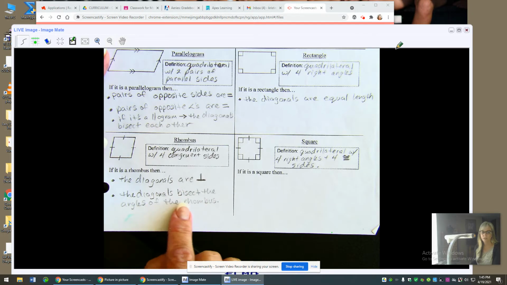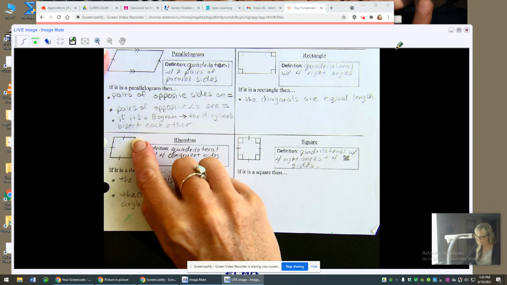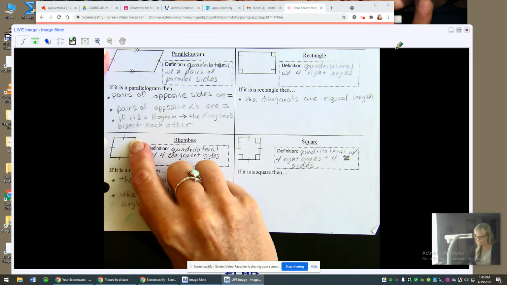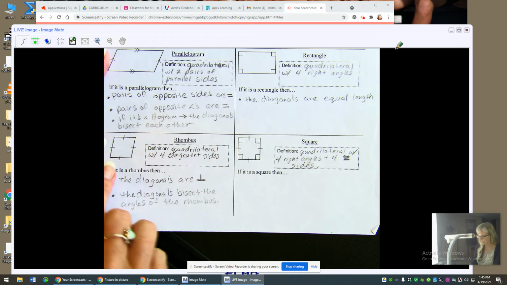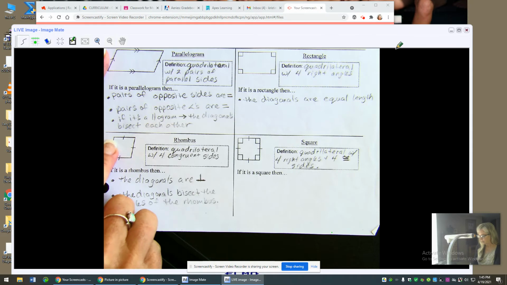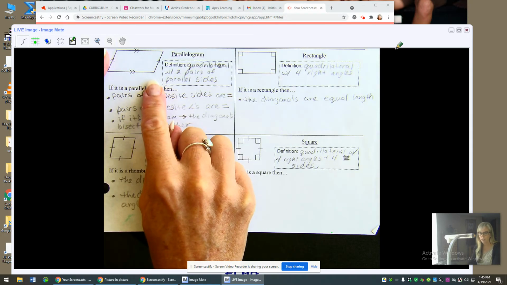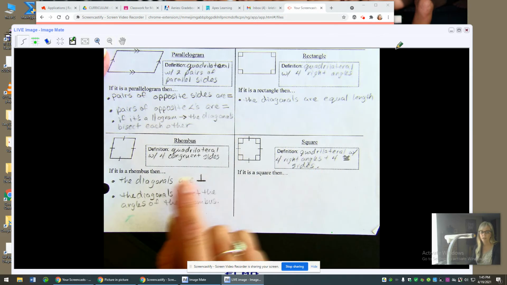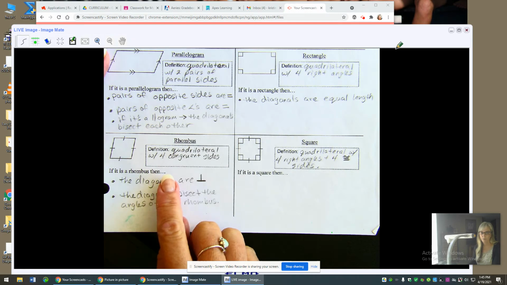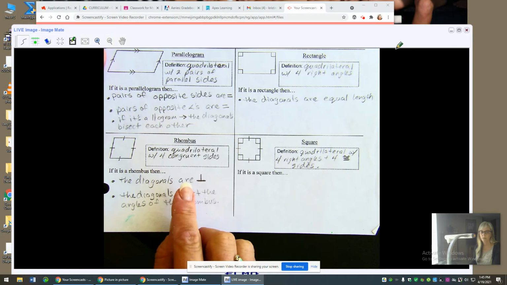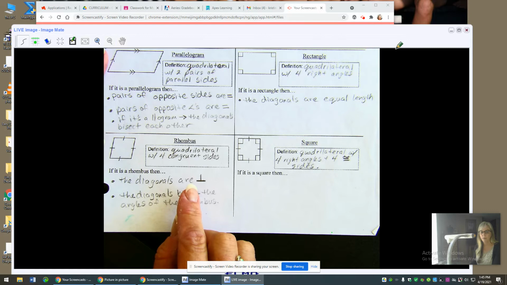The diagonals also bisect the angles of the rhombus. So if I drew a line right in here, this angle would be bisected, and the same across here. That's not true of every parallelogram or every rectangle, but it's true of every rhombus. So a rhombus is becoming even more specific, another type of parallelogram.